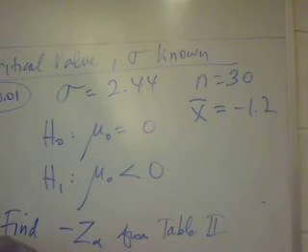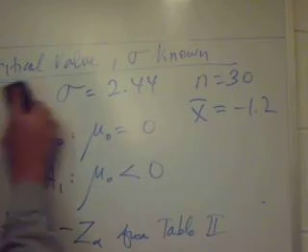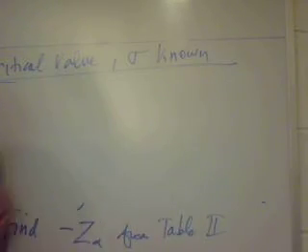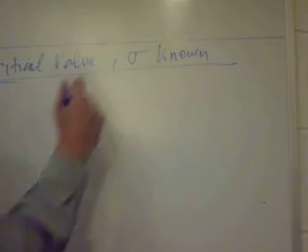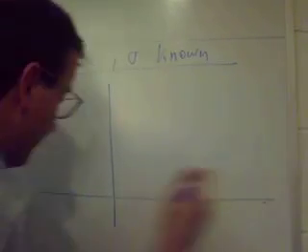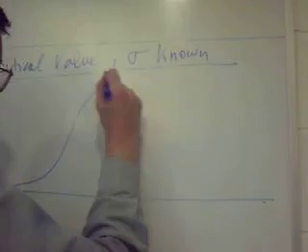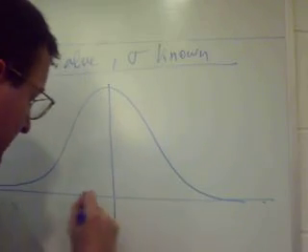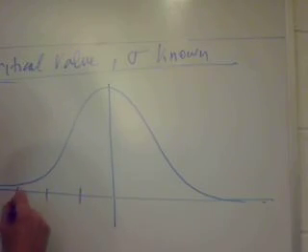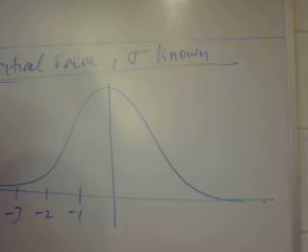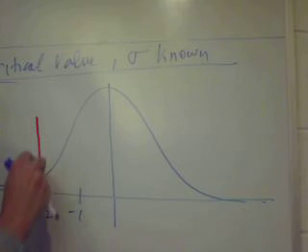So the tail begins at negative 2.326. The test statistic is negative 2.69. And so, if I put this on the curve, I can find that in fact, that Z-score is in the tail. The tail begins at negative 2.326.